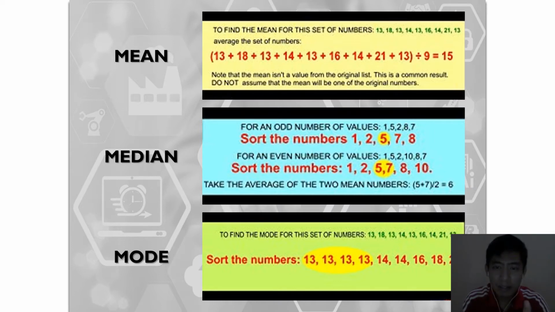So we have 1, 2, 5, 7, 8, 10. But it is an even count, so we add 5 and 7 and divide by 2. So your median is 6. If it's an odd count, 1, 2, 5, 7, 8, the middle is 5. And for the mode, you will see there are a lot of 13s, so the mode is 13.